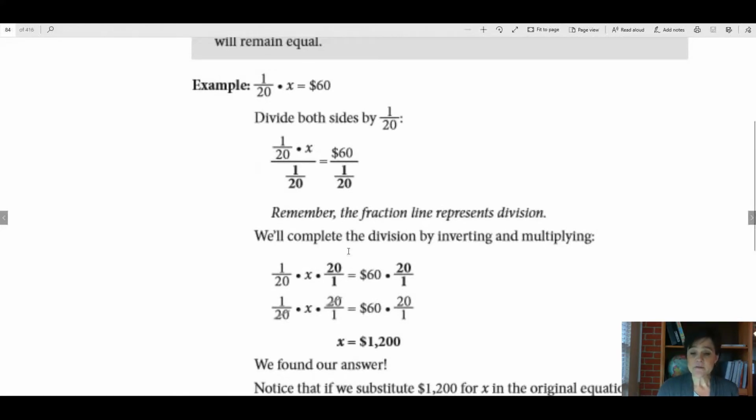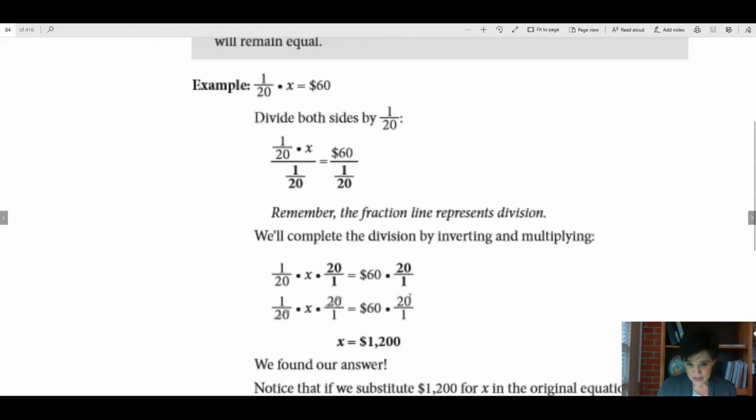So you'll complete the division by inverting. Remember, when you divide, you invert and change it to multiplication. So here we go. It's 1/20th times 20 over 1. That cancels everything out. So you're left with 1x, which you only say x, equals, and when you do the calculations over here, this would be 60 over 1.